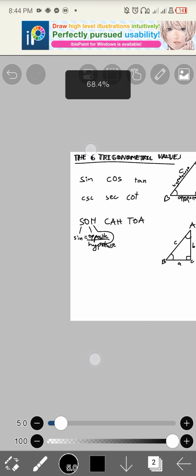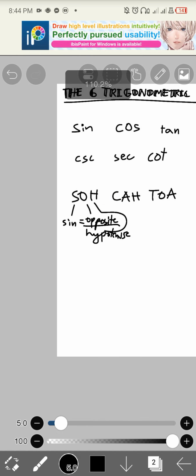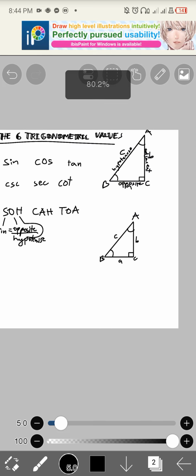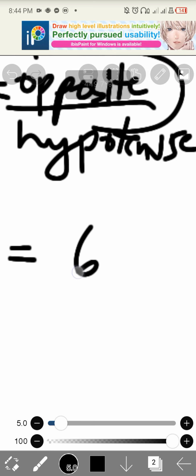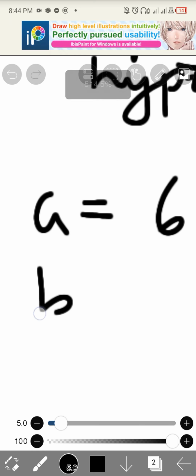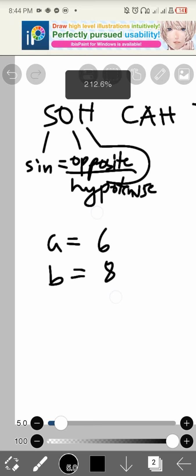So, let's say you have a right triangle. A is equal to 6, B is equal to 8.